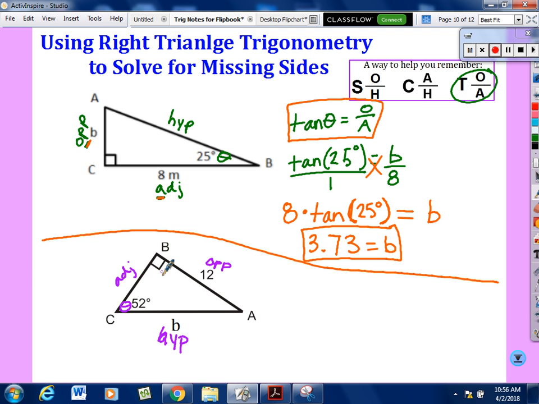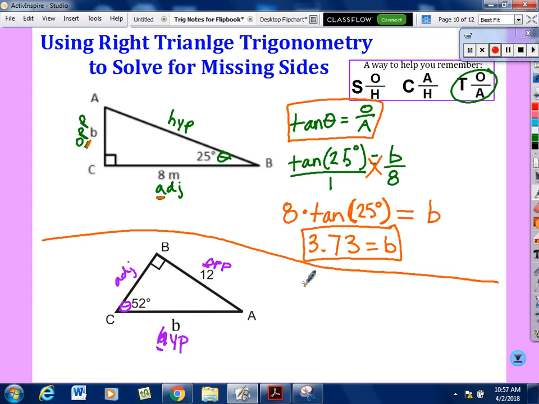Hypotenuse is across from your 90. So, in this scenario, I'm going to want to use the trig function that involves the side I'm given and the side I want to find. In this case, that's the opposite and the hypotenuse. If you look at SOH CAH TOA, opposite and hypotenuse is sine. So on the second problem, I'm going to use sine to help me solve for my hypotenuse.